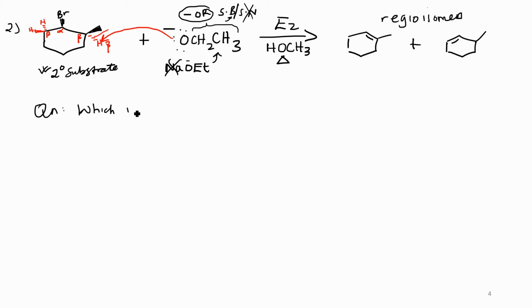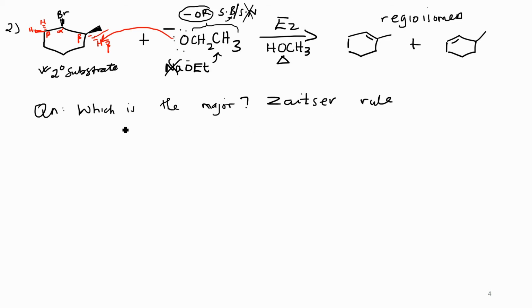Can someone tell me? The first one, because it has more substituents. Yes, we discussed about this in a previous chapter. I don't know which chapter that was. So here you follow what I called in an earlier chapter, Zaitsev rule.